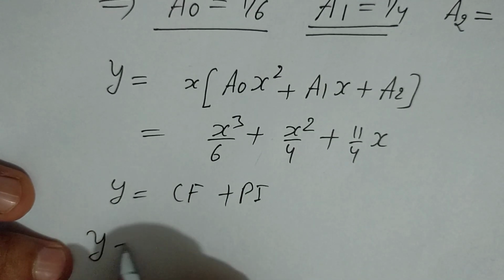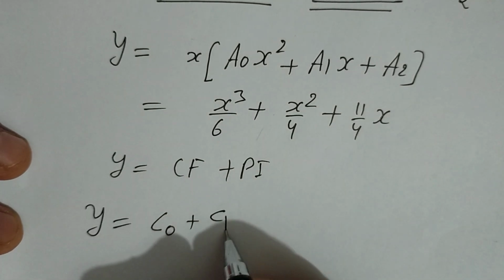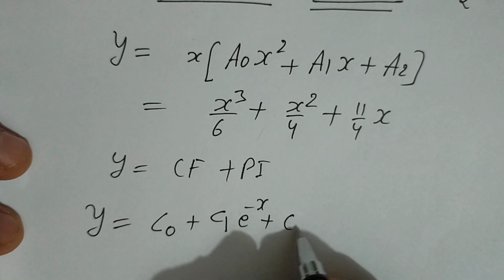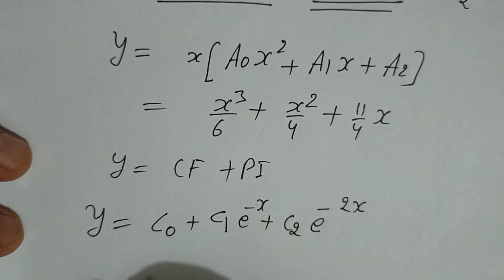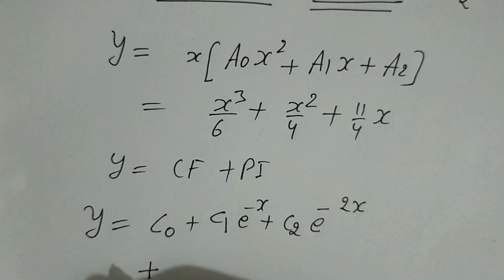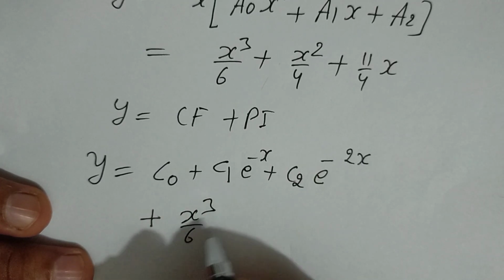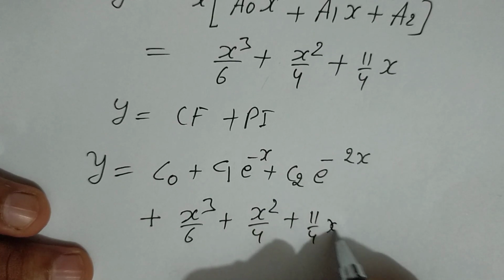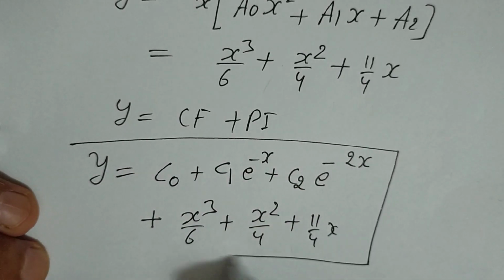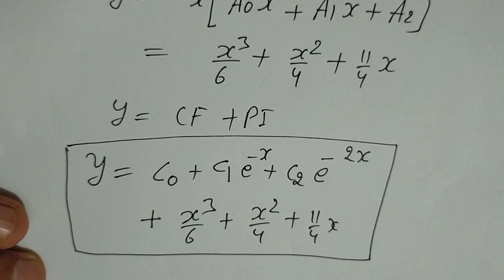So the complementary function y will be c0 plus c1 e power minus x plus c2 e power minus 2x plus particular integral, that will be x cube by 6 plus x square by 4 plus 11 by 4 x. So this will be the answer in two parts. One is complementary function and second is particular integral.